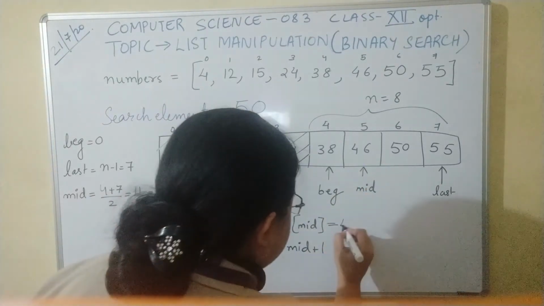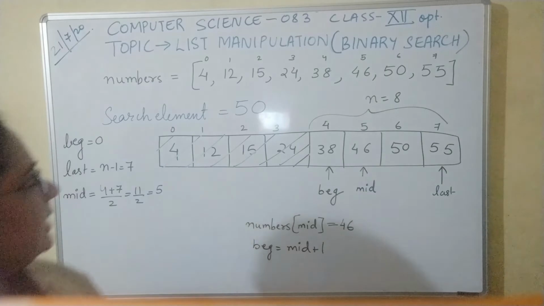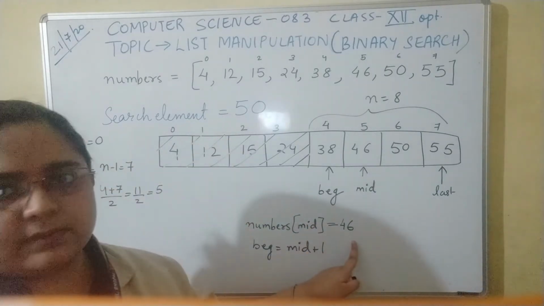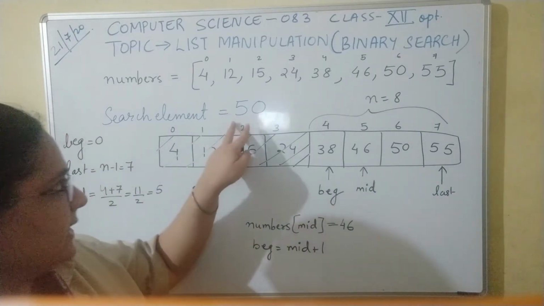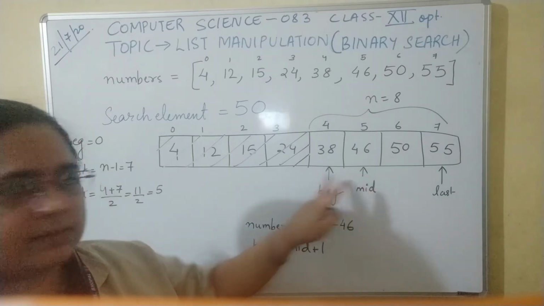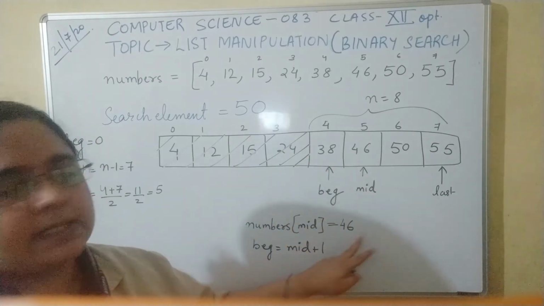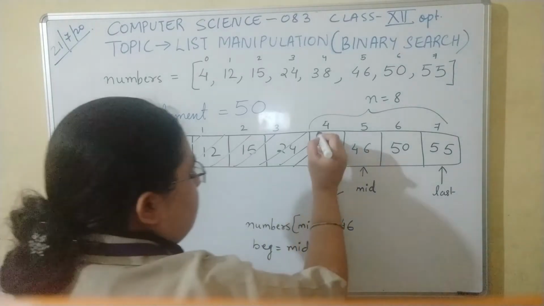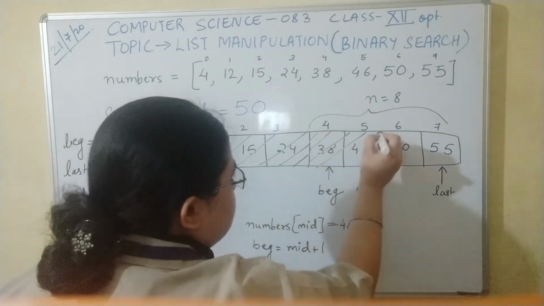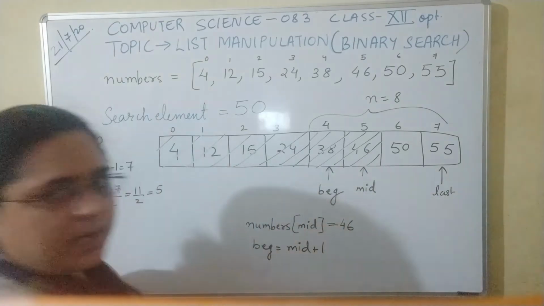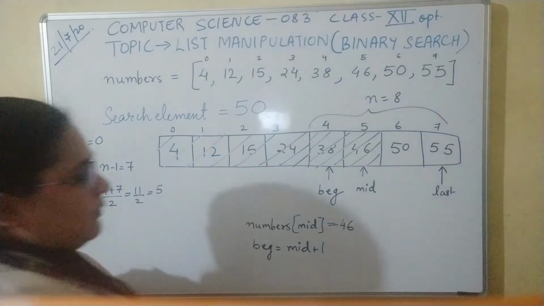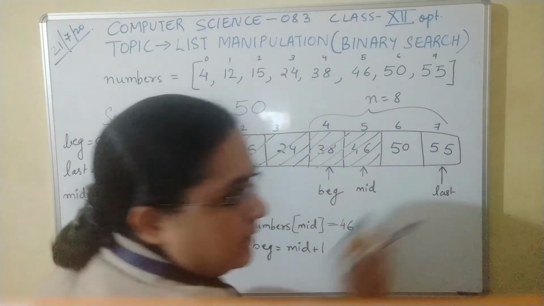It is 46. So we'll see, is search element equal to this 46? Answer is no. Is search element less than 46? Answer is still no. Is it greater than 46? Yes. That means we are never going to visit this part. Understood? We will be searching only in this part.